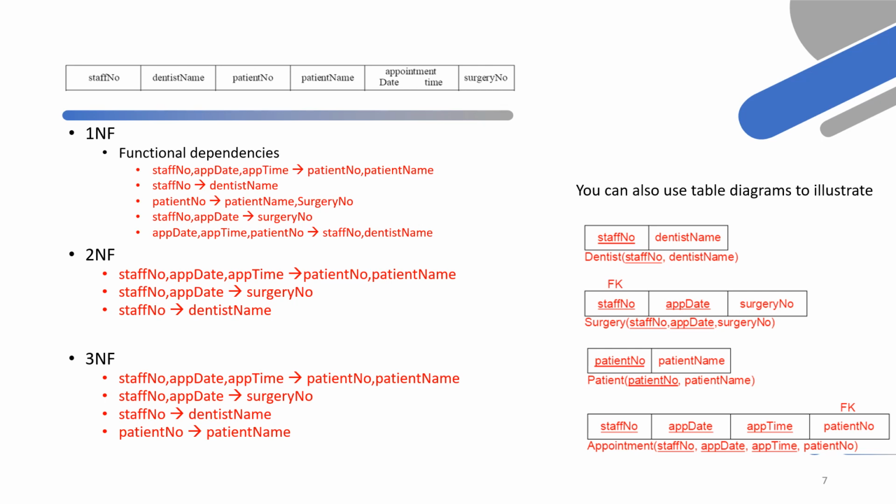This is the dependency diagram. You can use either one or both illustrations to illustrate the situation. So from here we have staff number, dentist name, patient number, patient name, appointment date, time, and also the surgery number.